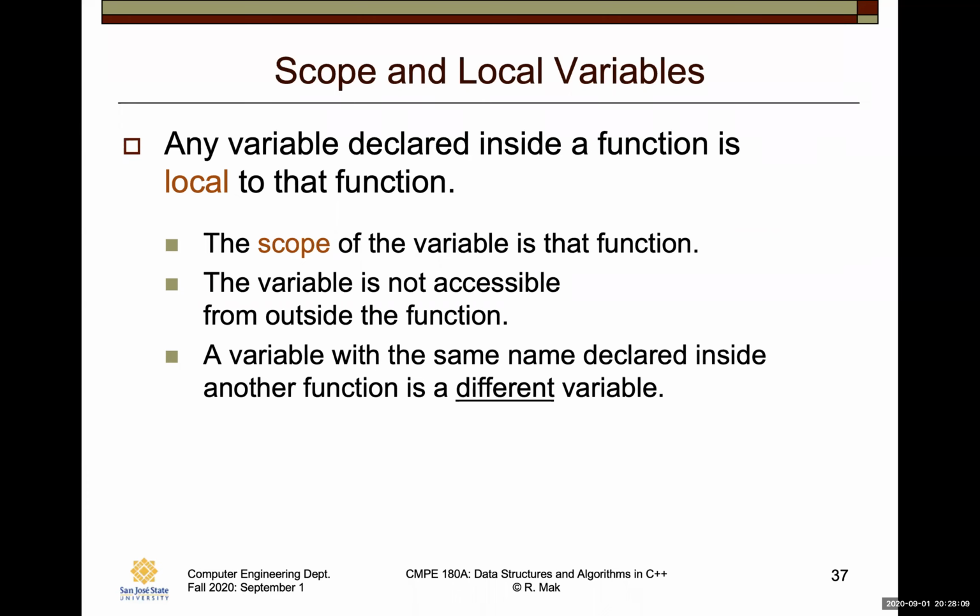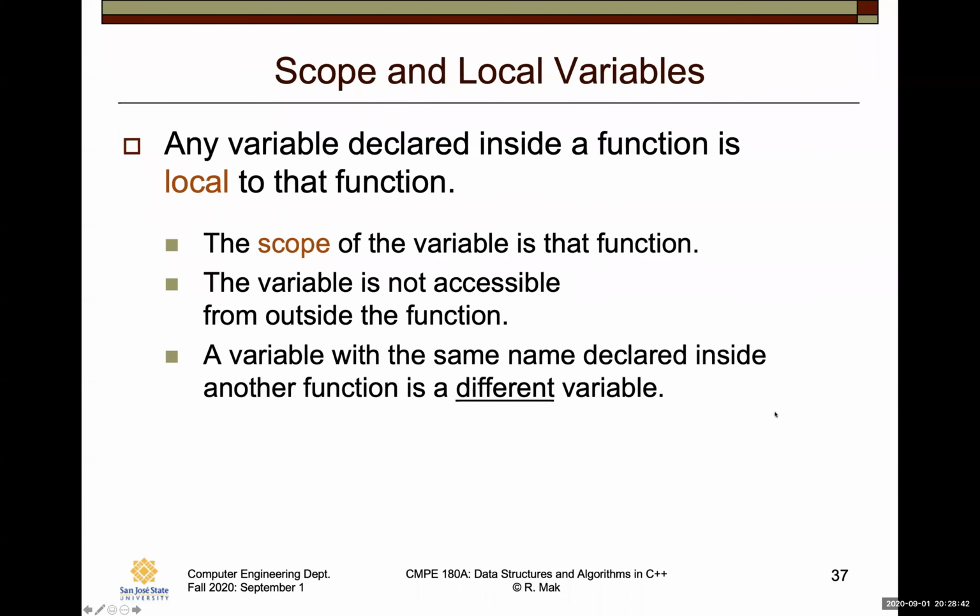So the local variables of function A stay local to A, and the local variables of function B are still local to B, and those local variables can share names, but it doesn't matter because they are in different scopes, even if function A calls function B. So that's a really important concept to understand.